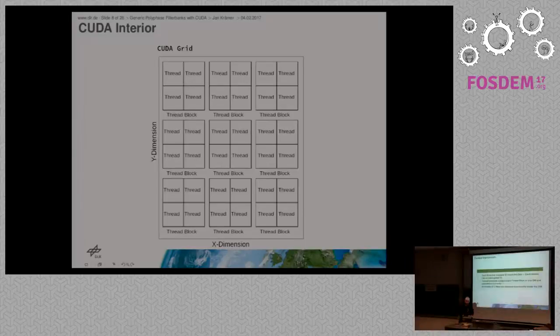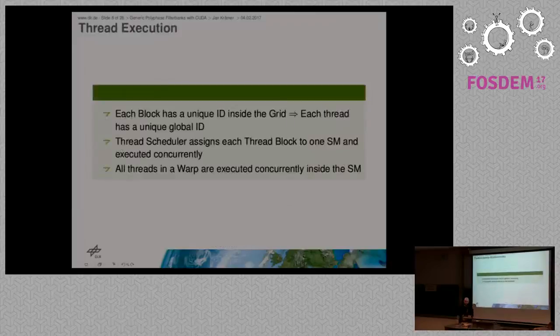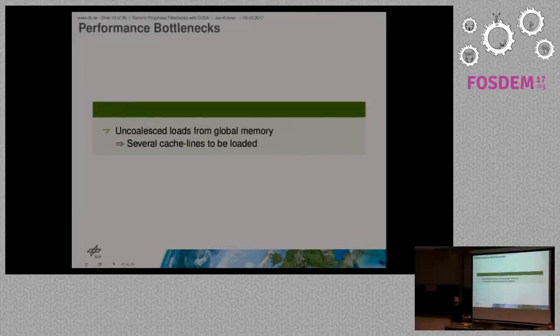You have some performance bottlenecks that you can run into very easily while programming the GPU, and then you put your program on the GPU and think, well, it's not really fast. These are some of the problems that you have. First one is global memory. It's not really fast, so you want to minimize its usage in any case. But even if you have to use it, you have to make sure that all your reads and writes to the memory are coalesced.